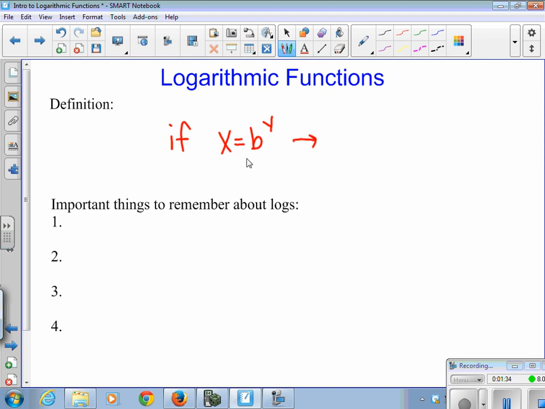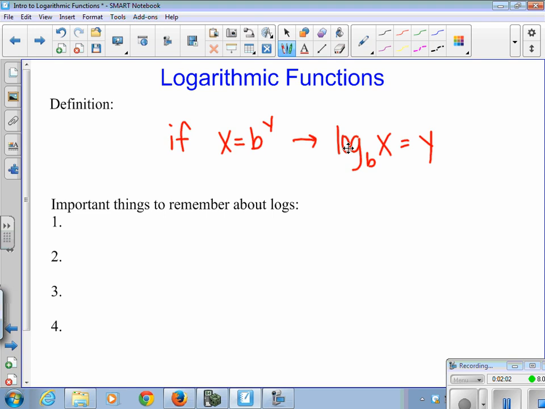And the way that I would rewrite that is log base b, and then the x's and the y's kind of switch places. So right here, b was beside the y, and so now it's going to be an x right here equals y. And so I would say this as log base b of x equals y. And so this is how I would go back and forth between logs and exponents.